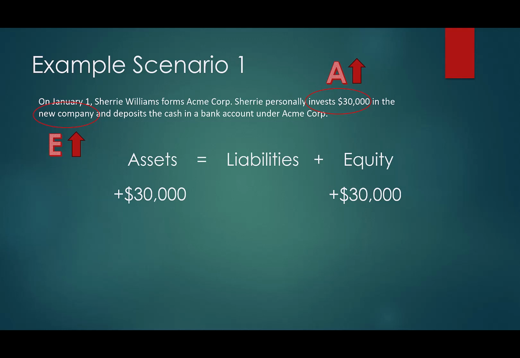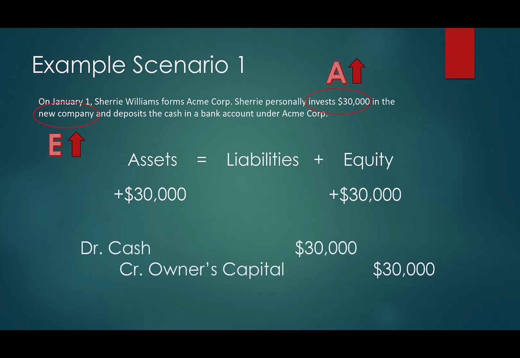So what we need to ask ourselves is, should we debit cash or should we credit cash in this example? If you remember from the previous slide, debits increase assets while credits decrease them. So since our asset account, cash, went up $30,000, we're going to debit cash for $30,000.